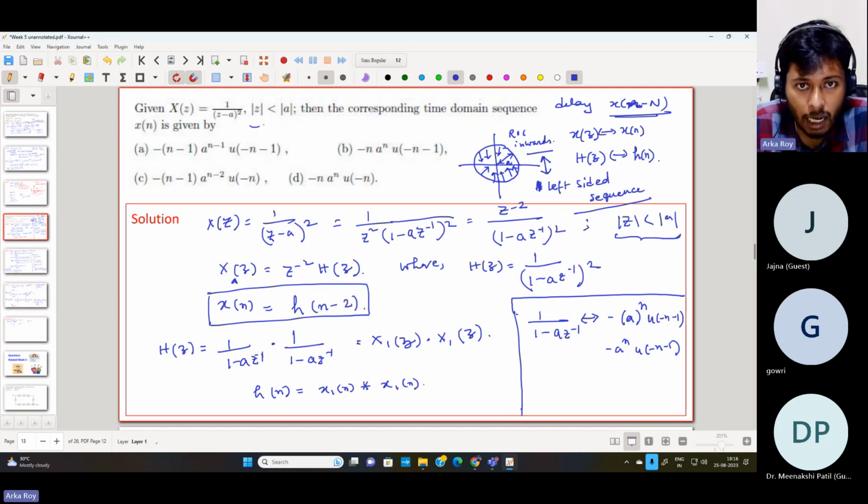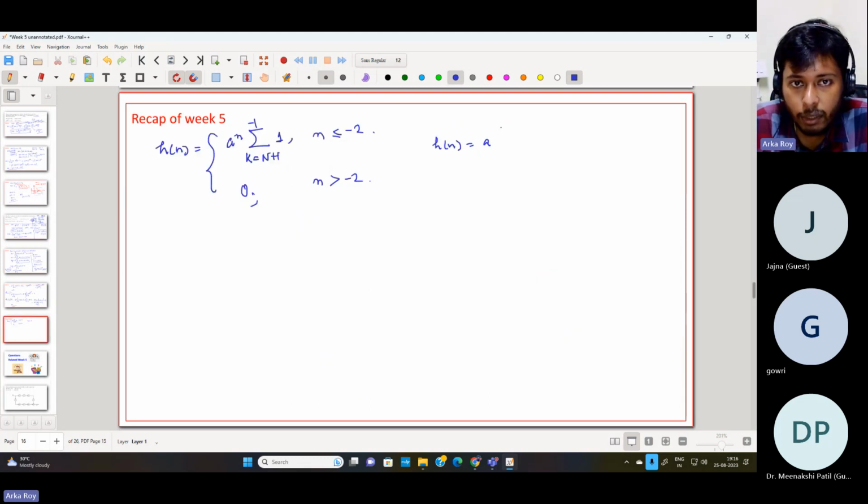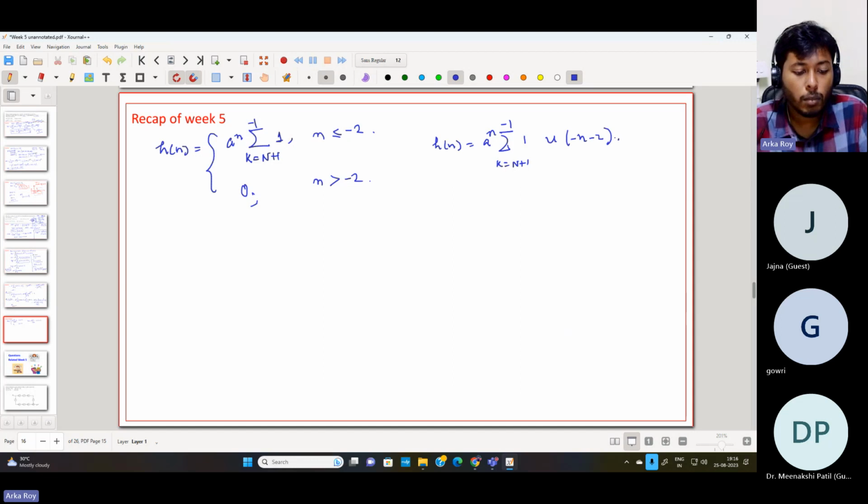Because the ROC is basically mod z is less than mod a, therefore I can write it as a to the power n and then summation 1 and k is running from n plus 1 to minus 1. And then I can write u of minus n minus 2. So this minus n minus 2 will give me the right sided sequence part with a shift of 2.